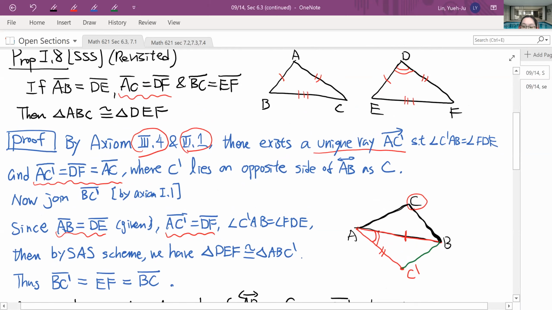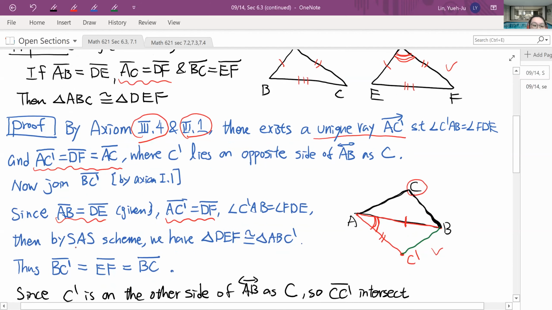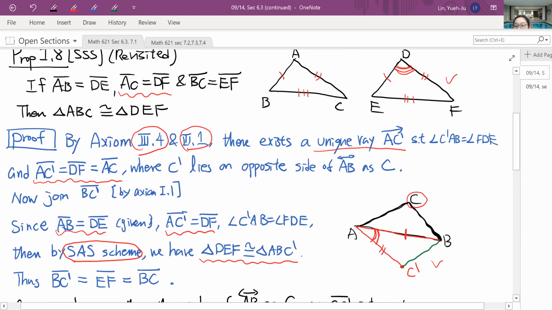And you can see that angle C prime AB is the same as FDE. So if you compare DEF and the other new triangle AC prime B, we have the SAS scheme. So we can conclude that, at least for now, triangle DEF is congruent to ABC prime.